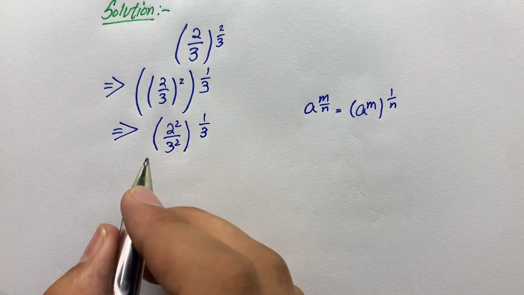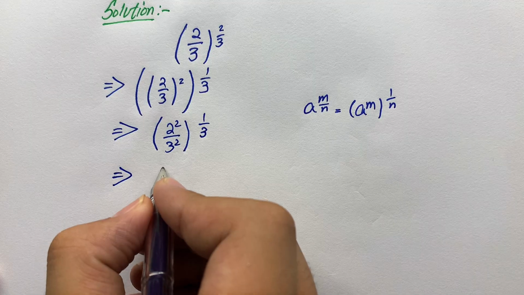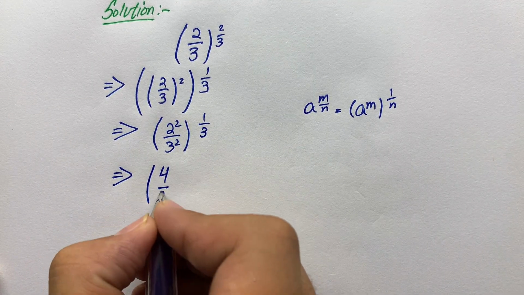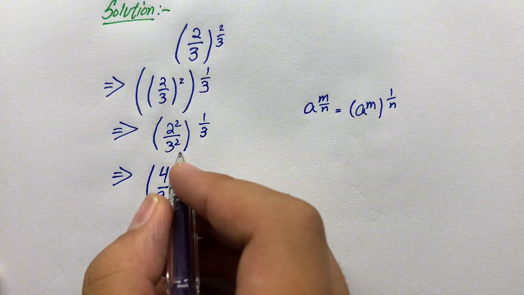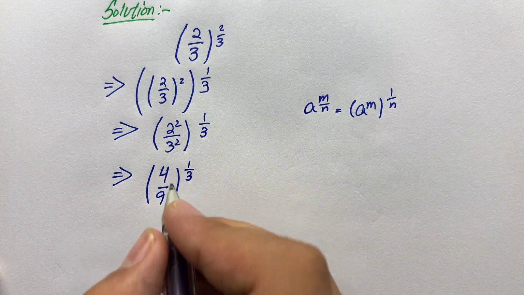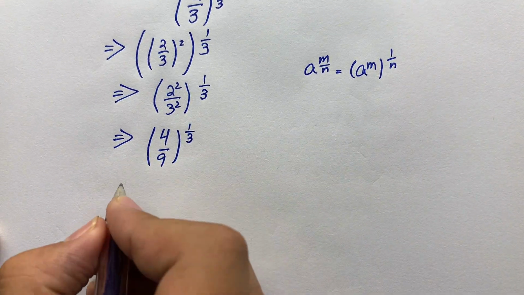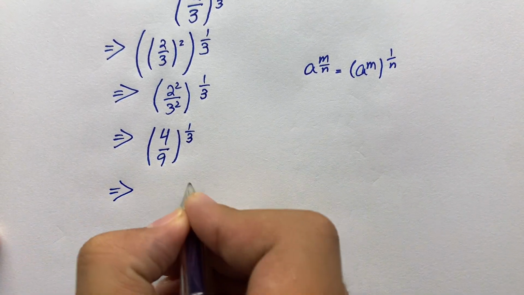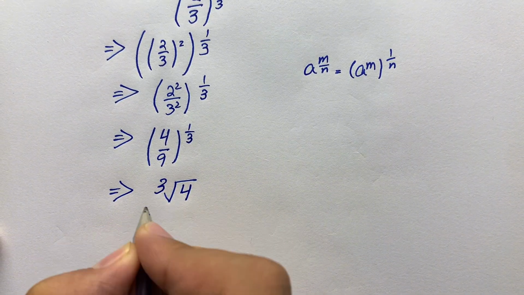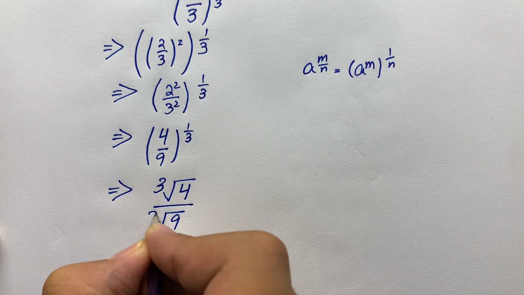So in the next step, solving this, 2 times 2 is 4, divided by 3 times 3 is 9, to the power 1/3. So under root of 4 into 3 divided by under root of 9 into 3.